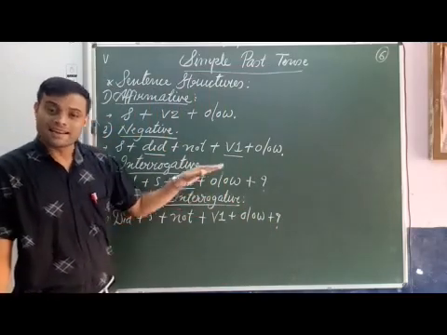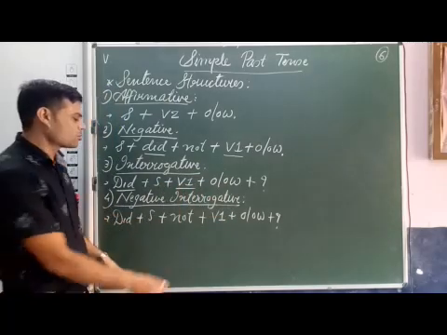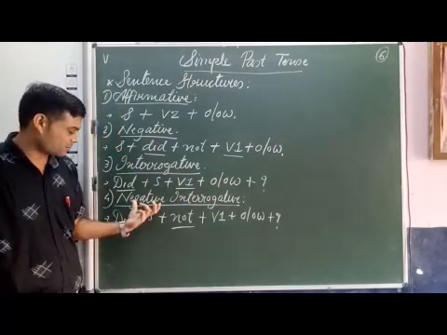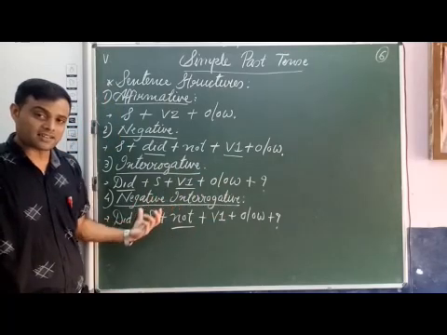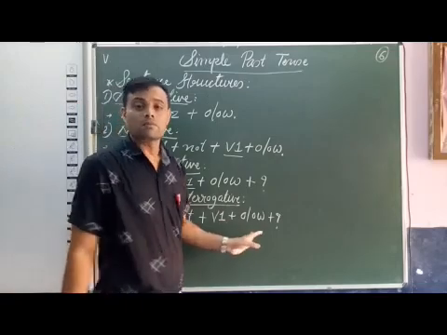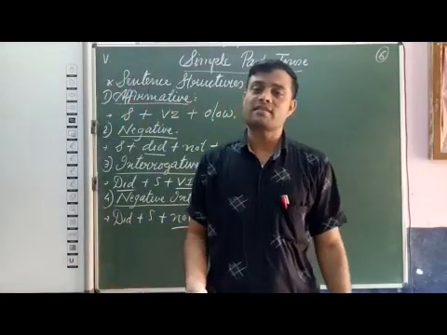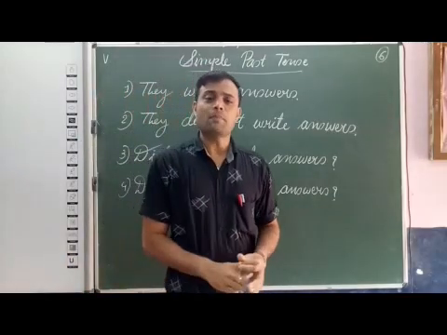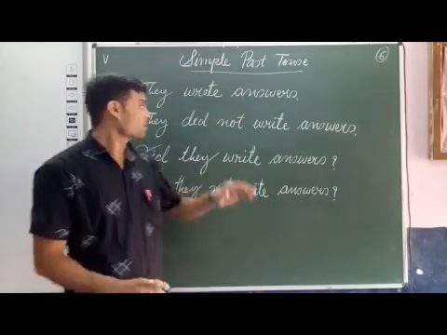In the last one, negative interrogative, we only have to add not after subject. So the negative interrogative sentence structure is did, subject, not, V1 plus object or other words and at last question mark. Let's see the examples of simple past tense.